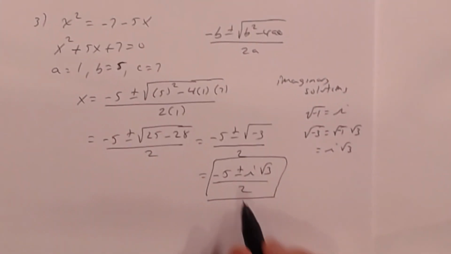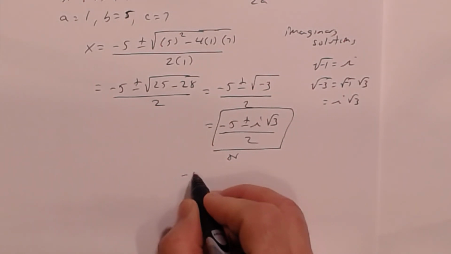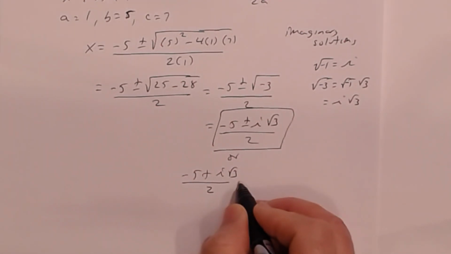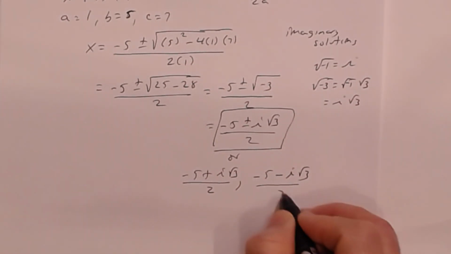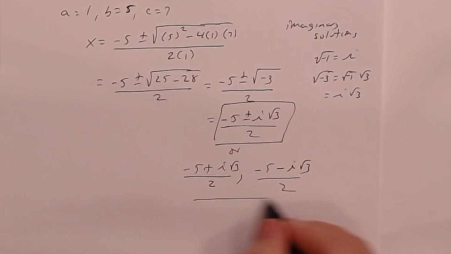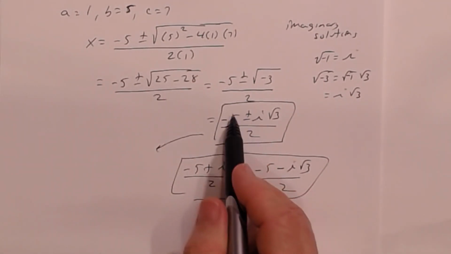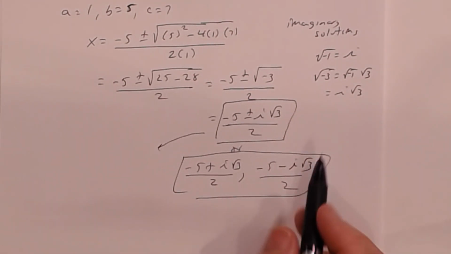Now, you can leave it like this in compact form, or you can write it as 2 separate solutions. You can say negative 5 plus i square root of 3 divided by 2, comma, negative 5 minus i square root of 3 divided by 2. All right. And sometimes you'll see this as well. Sometimes you'll see how I wrote it as one fraction, a numerator and a denominator.